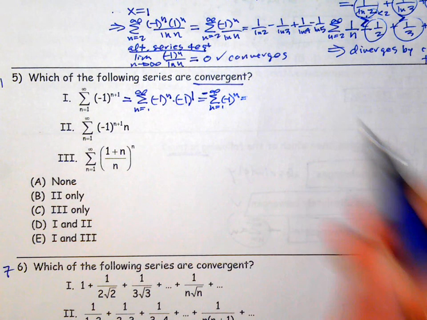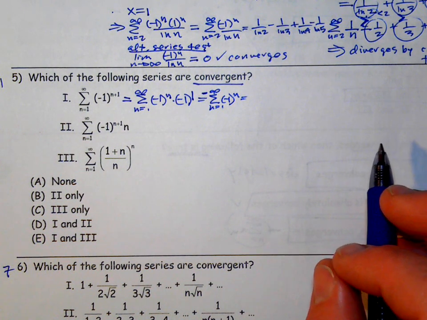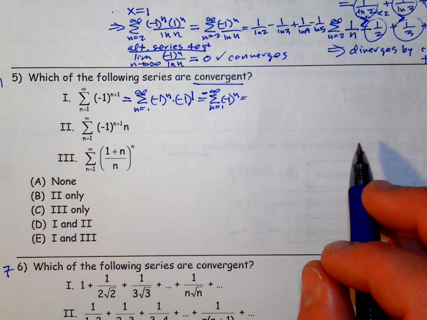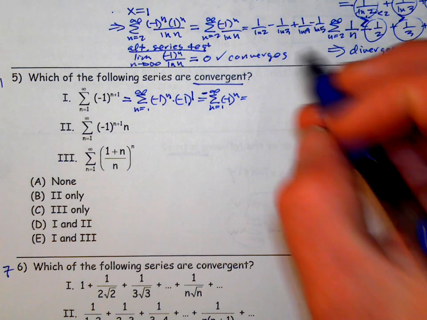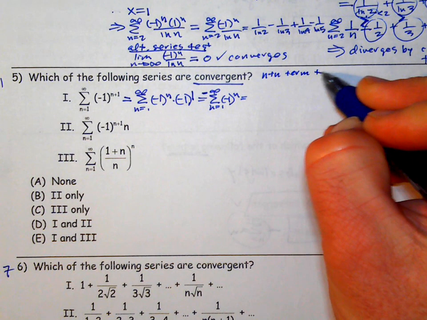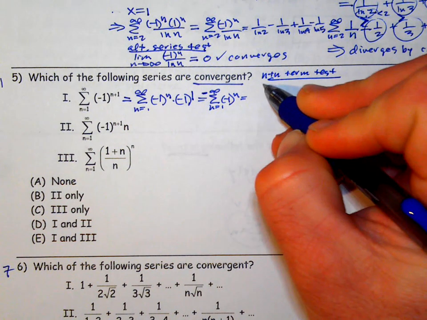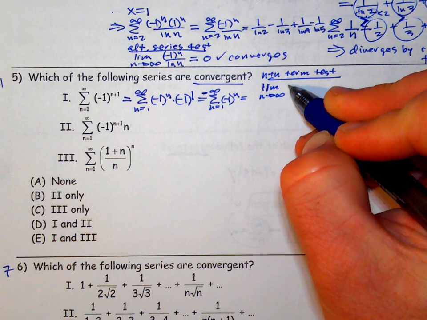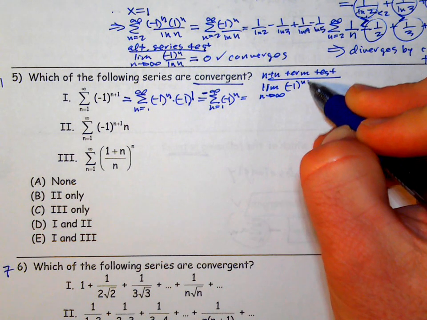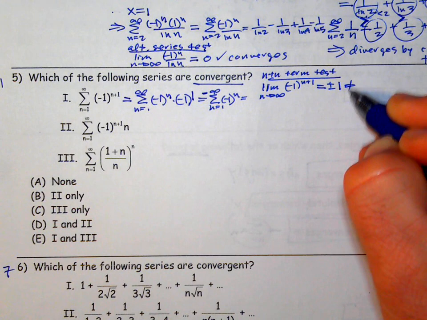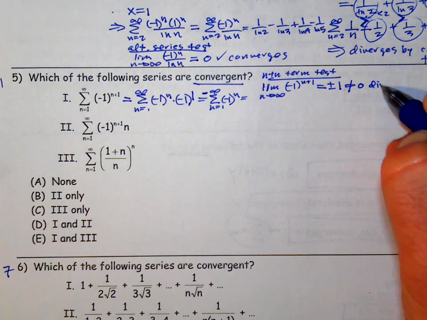You could try the nth term test, and it's always going to be ±1. It doesn't go to 0, so it diverges by the nth term test. You could just say nth term test: limit as n goes to infinity of (-1)^(n+1), and it goes to ±1, which isn't 0, which means it diverges.